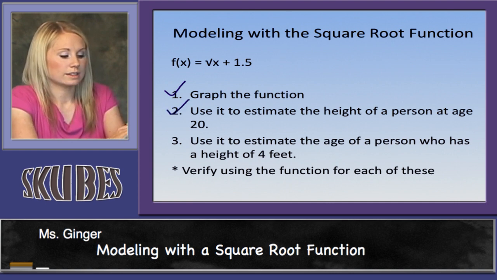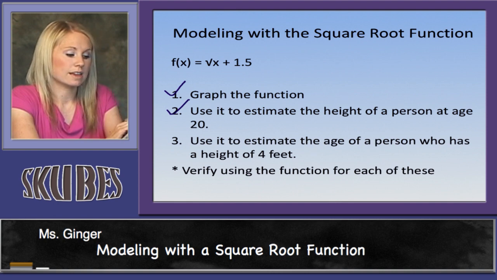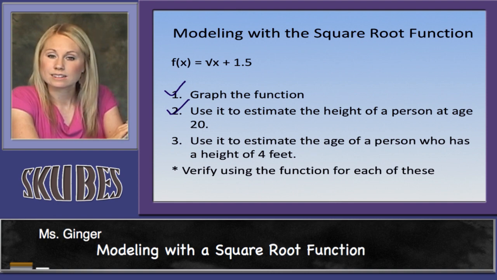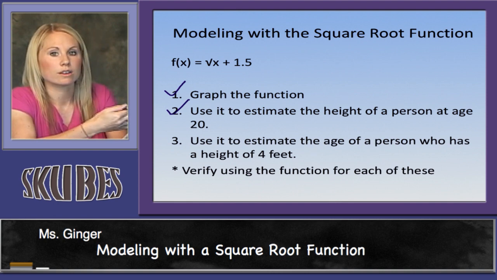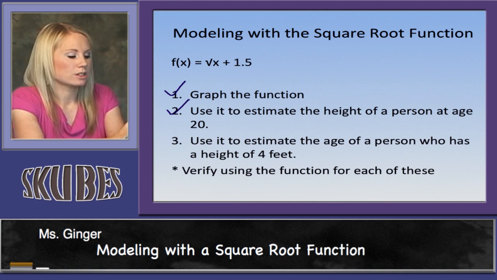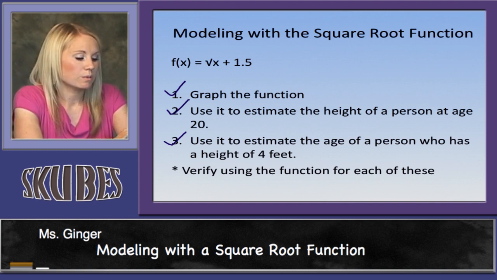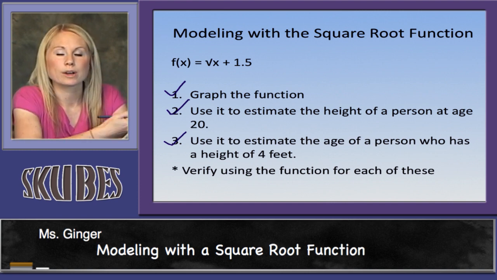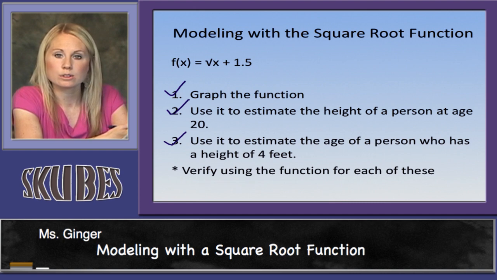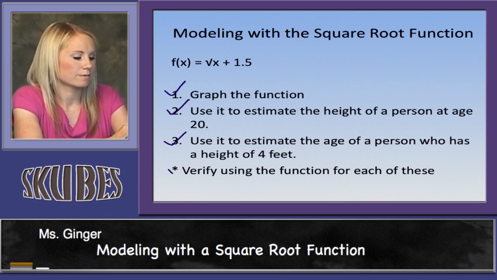To use it to estimate the reverse, the age of a person at a certain height, let's say 4 feet, we're going to again look at the graph, but it's really important to make sure we know what the variables are representing on the grid. Then we're going to take this function and algebraically solve for these two values to make sure our estimations fit.